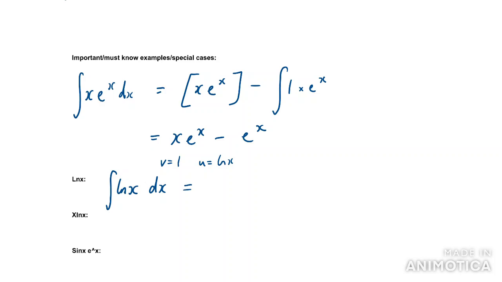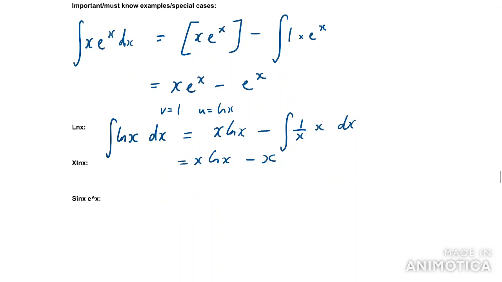So if we do that, that's going to be integral of 1, so x ln x left alone, minus the integral of ln x differentiated, that's 1 over x, times the integral of 1, which is x dx, which ends up being x ln x minus the integral of 1, which is just x. So that's a nice little trick to know.